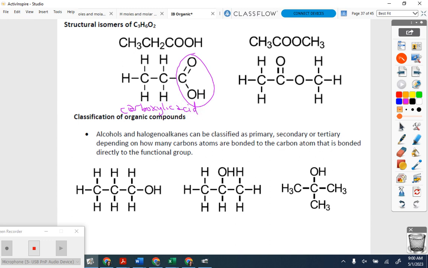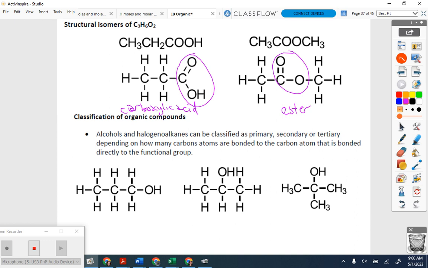And what is this molecule going to be? Nope. Good guess, though. Close. It's an ester, yep. So it's got another oxygen there.